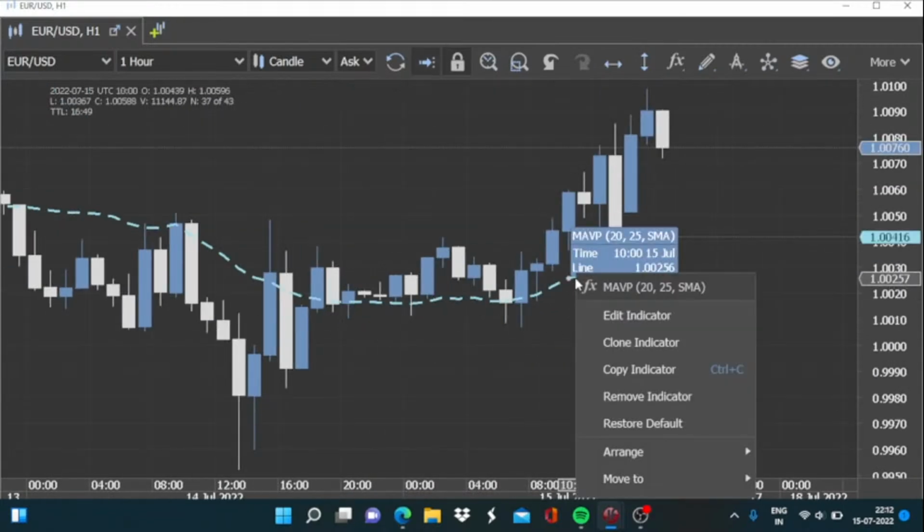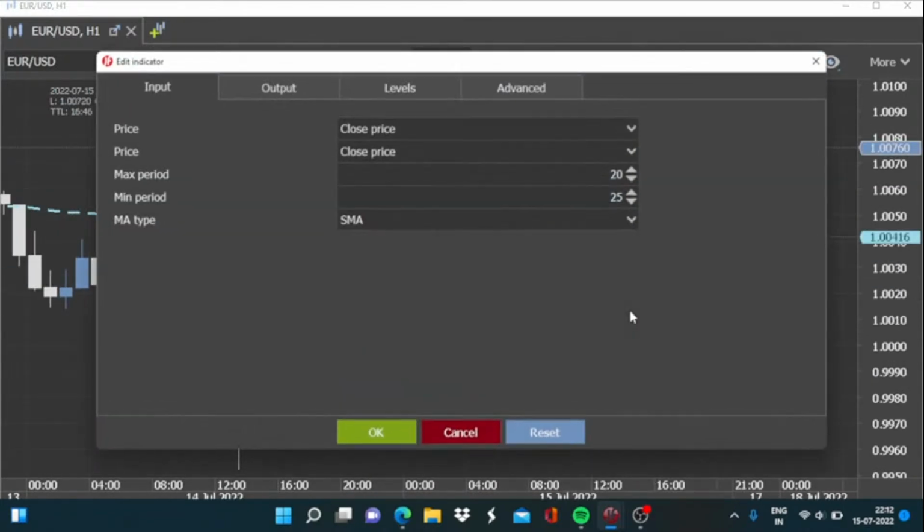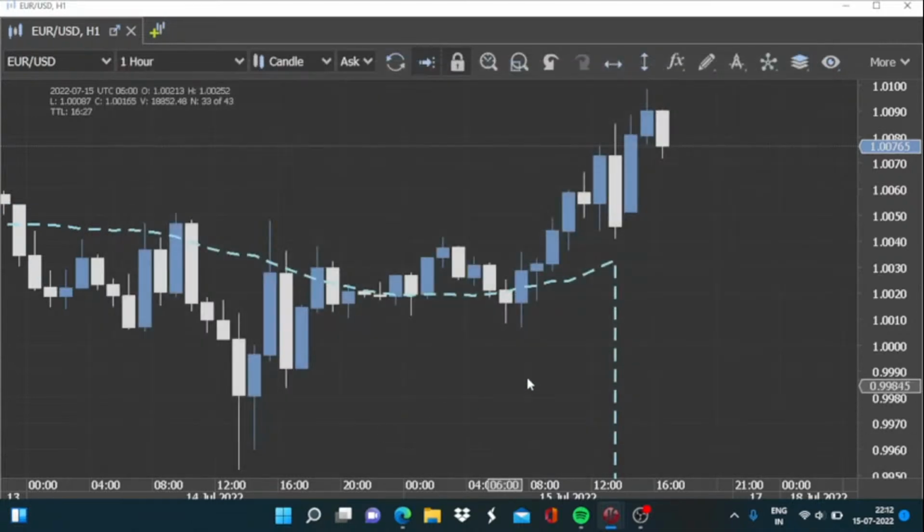And if we change the max period greater than this minimum period, then you will observe that this plotting is done till the difference between this max period and the minimum period. Suppose if I go for 28 as the max period, then this plotting will be done till only 3 hours back.